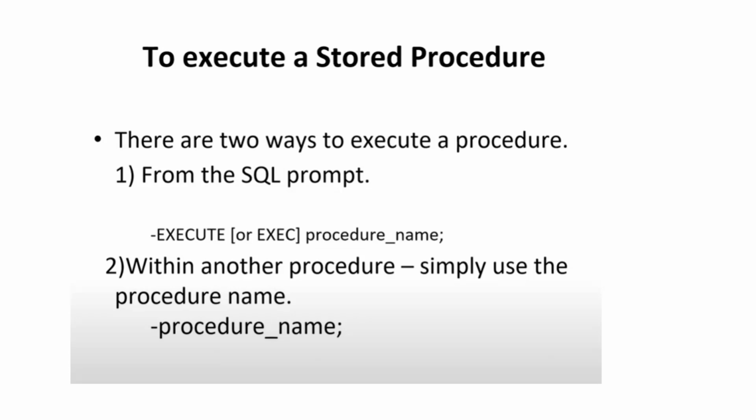The first one is from the SQL prompt itself, or within another procedure. Within another procedure, simply use the procedure name; that's all that is needed. From the SQL prompt, you use the EXECUTE keyword, or EXEC, and the procedure name. Then the program will be executed.